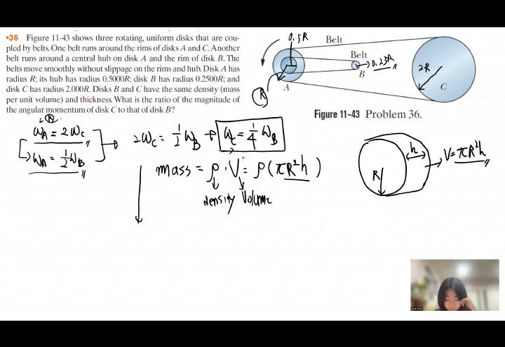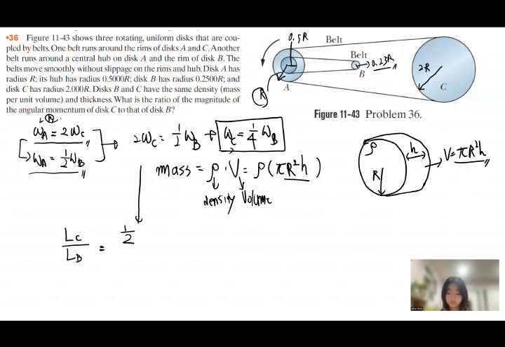And inside, this material has the mass density rho. So now if you plug that into the formula, the angular velocity omega C over angular velocity omega B, now you compare the angular velocities of the 2 disks B and C.